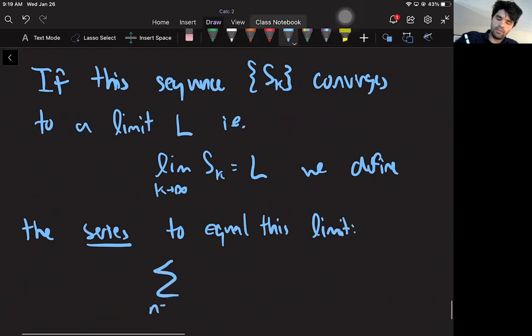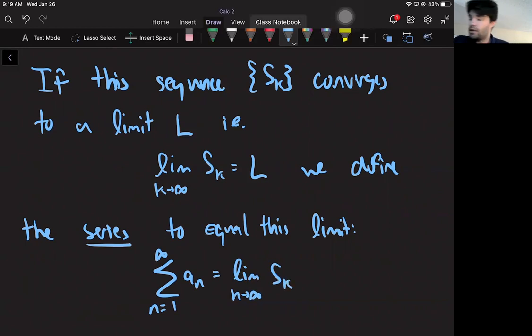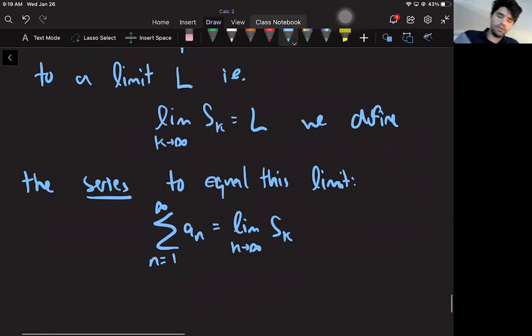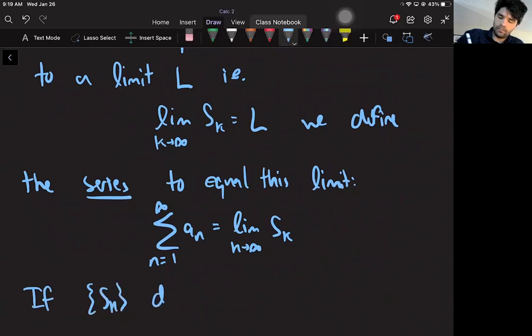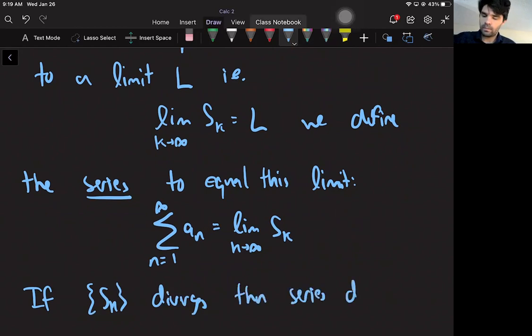So the infinite sum is whatever that limit is. In the last problem, that was 2. So if that sequence diverges, then the series diverges, is what we say.